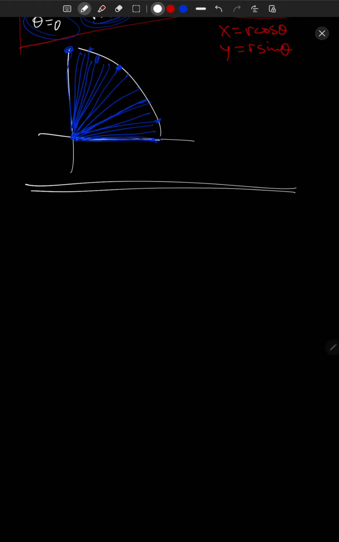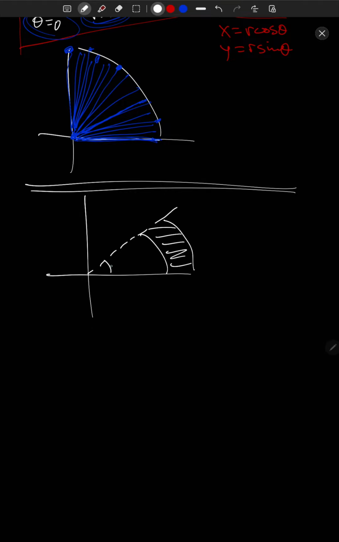So for example, if we were integrating over, let's say, an annular region like this, where this angle is, let's say, pi over 4, and this inner radius is 6, and the outer radius is 10.